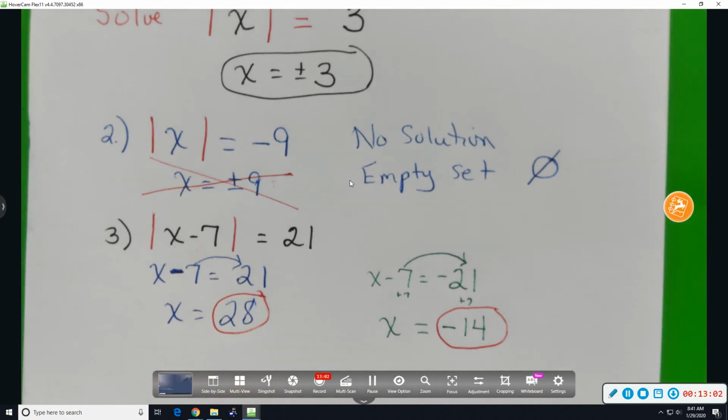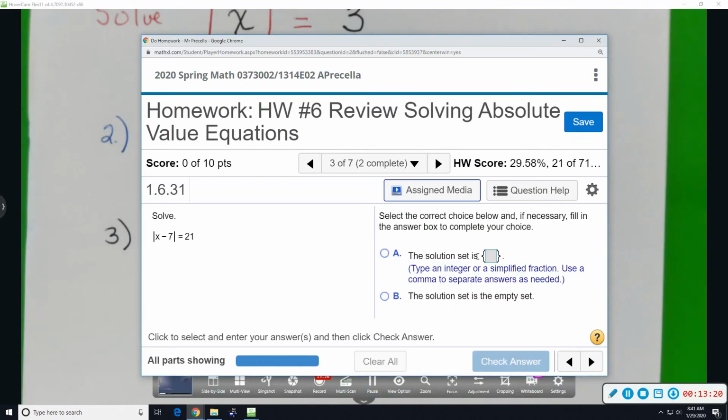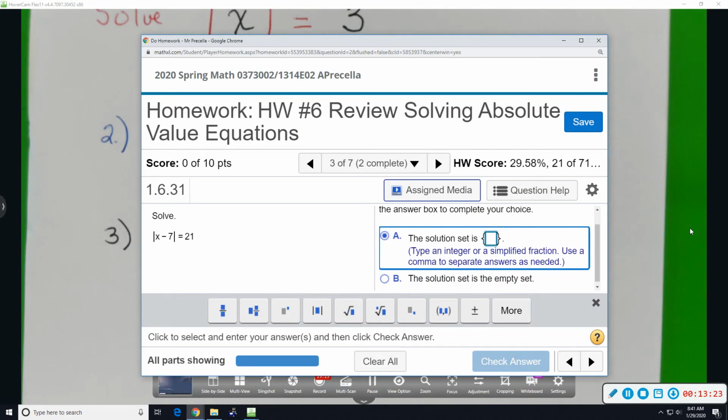Aren't those the two numbers that have to be inside the absolute value bars? Either a positive 21 or a negative 21. This is a very logical way to go about solving this stuff. So we'll punch in these two answers: 28 and negative 14.